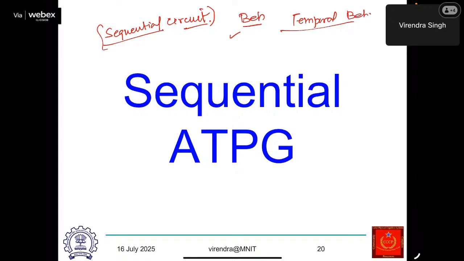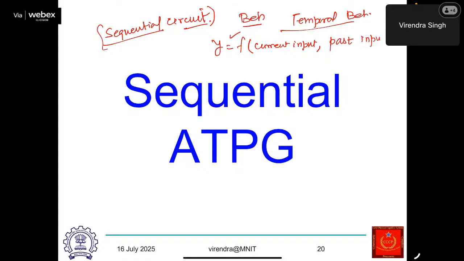Now, how do I define the output y of a circuit? It is a function of the current input that I am getting now, as well as a function of the past inputs that you have received, because that's how you remember the sequence of inputs you have seen.